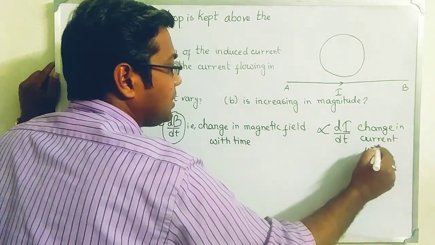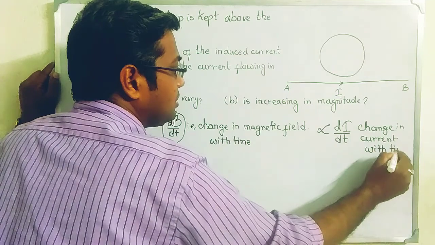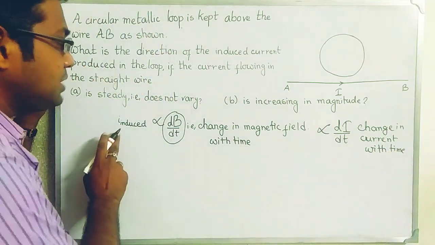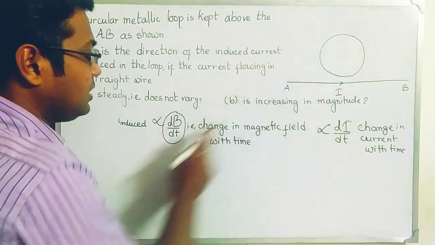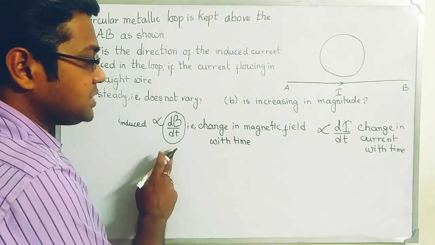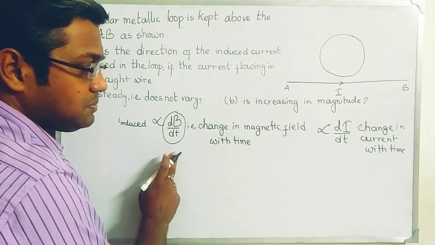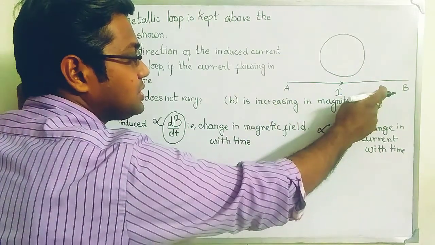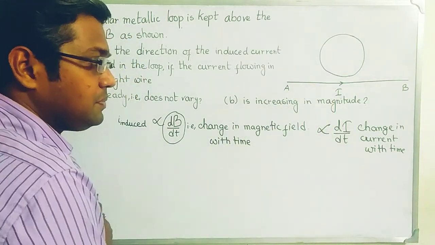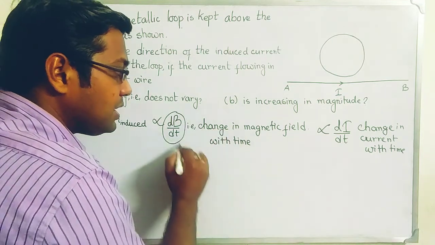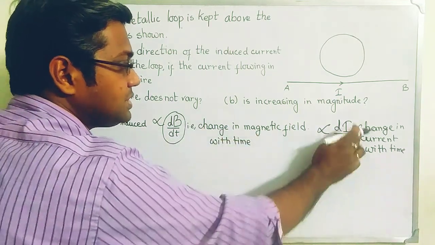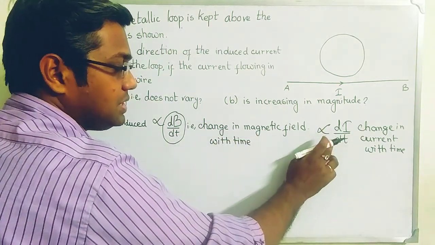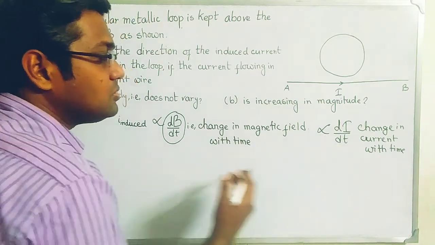If I summarize, the induced current in this circular coil depends on the changing magnetic field in which it is placed. It is placed in the magnetic field of this straight wire carrying current I, and the changing magnetic field depends on the change in current with time, dI/dt.